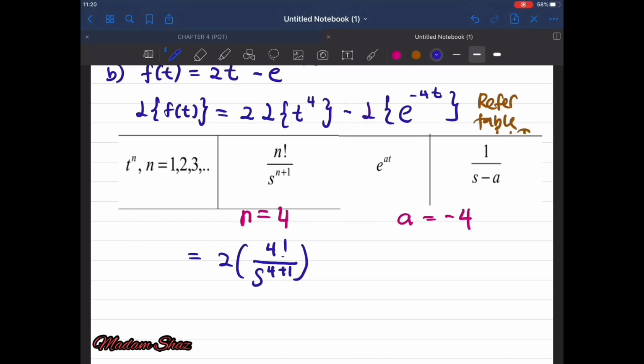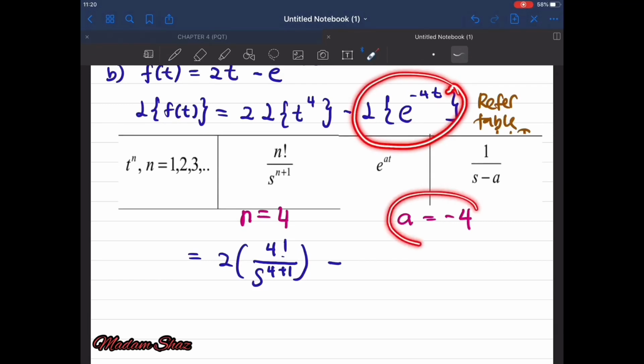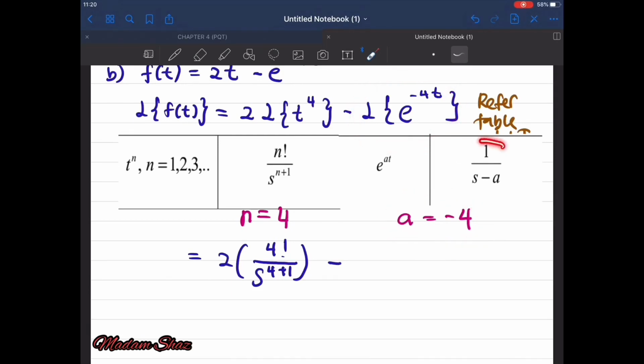Minus Laplace of e to the power of negative 4t. We have determined our a is equal to negative 4. So our answer for the Laplace of e to the power of at is 1 over s minus a. Therefore, minus 1 over s minus negative 4.